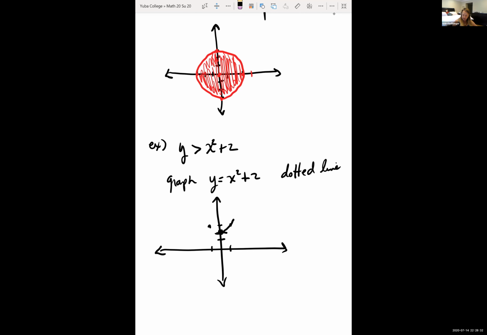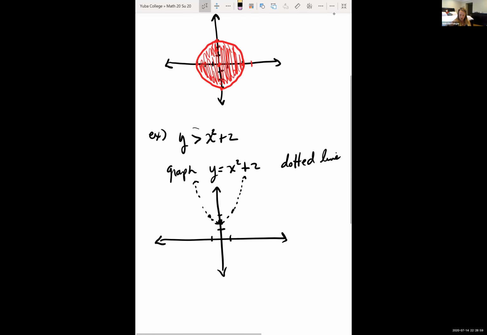Oops, and this has to be a dotted line. And so now we need to determine where to shade. And this was saying that it is greater than, strictly greater than that.